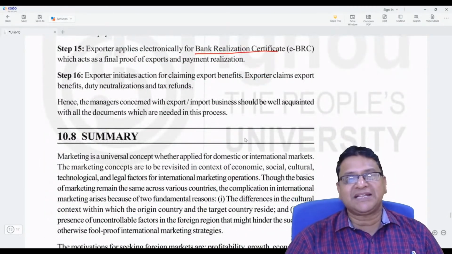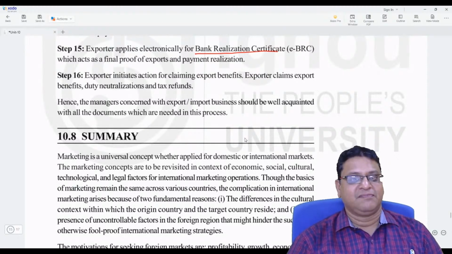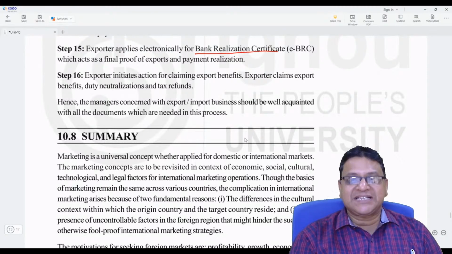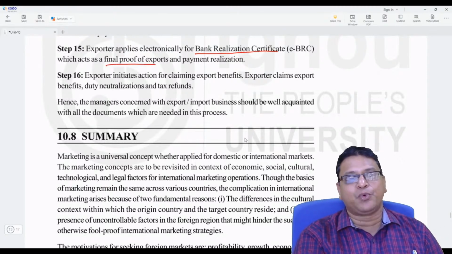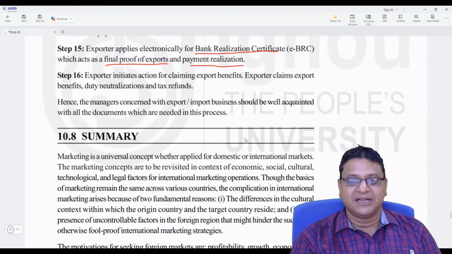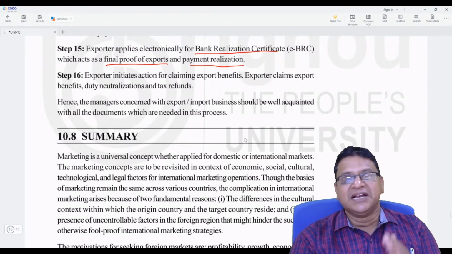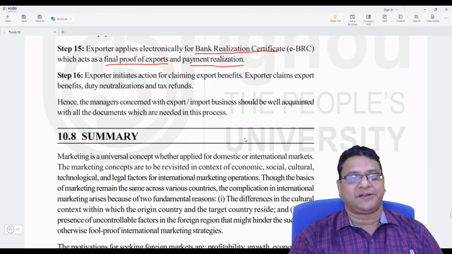Nowadays, this BRC certificate is electronically obtained. If you obtain a BRC certificate or e-BRC certificate, it is a final proof of export and payment realization. It is a proof that you have exported certain goods and you have realized the payment.